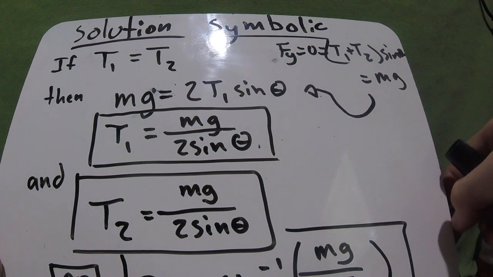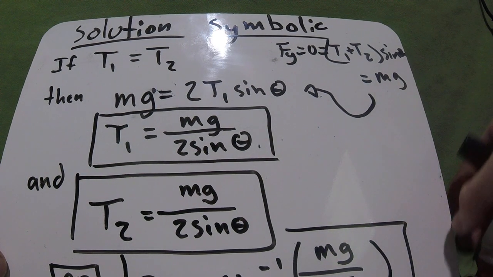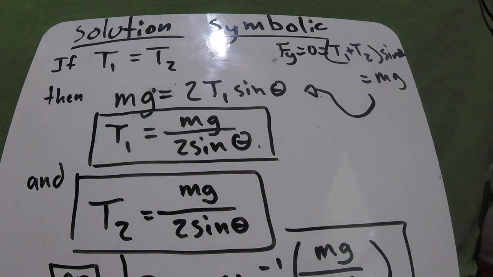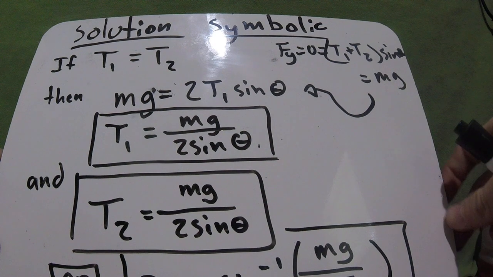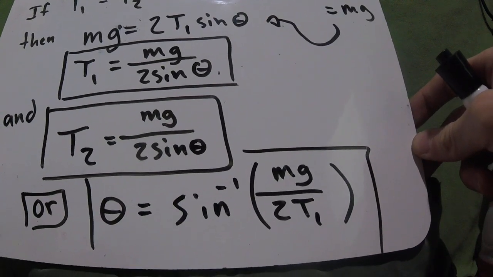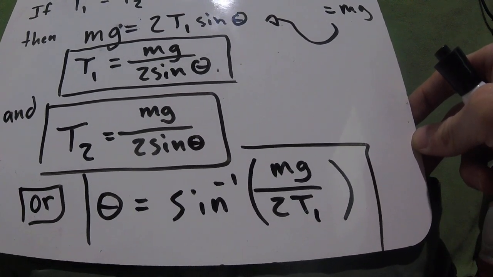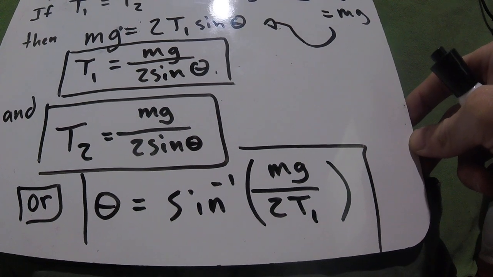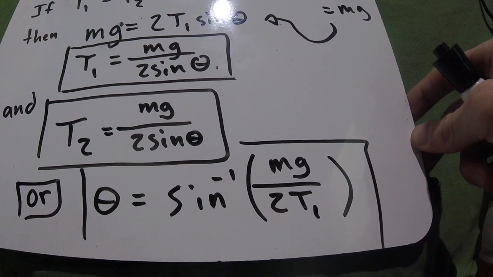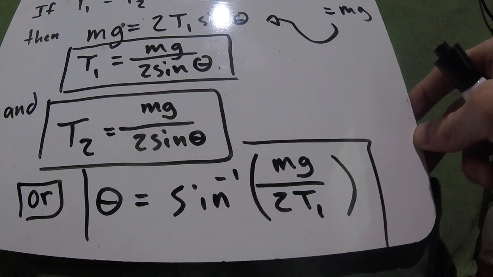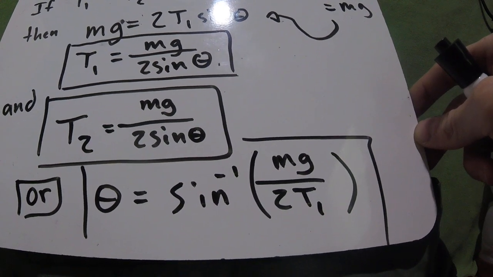Now, if we were asked to solve for the angle theta instead, and we were given the forces present, we could say that theta equals the arc sine of mg divided by 2T1, or T1 plus T2, whichever way you want to write that.